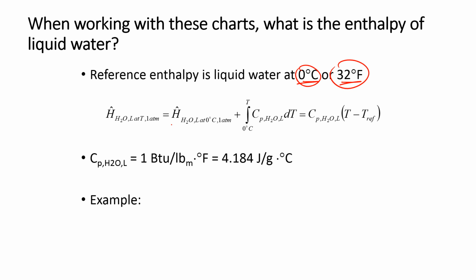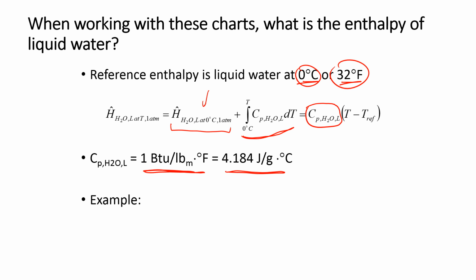This is our 0 value right here, and then what we have to do is just integrate the heat capacity of the water. Now liquids, for example liquid water, are going to be about constant, so this is pretty close to a constant, and we typically use values of like 1 BTU per pound mass degree Fahrenheit or 4.184 joules per gram degree Celsius or Kelvin.